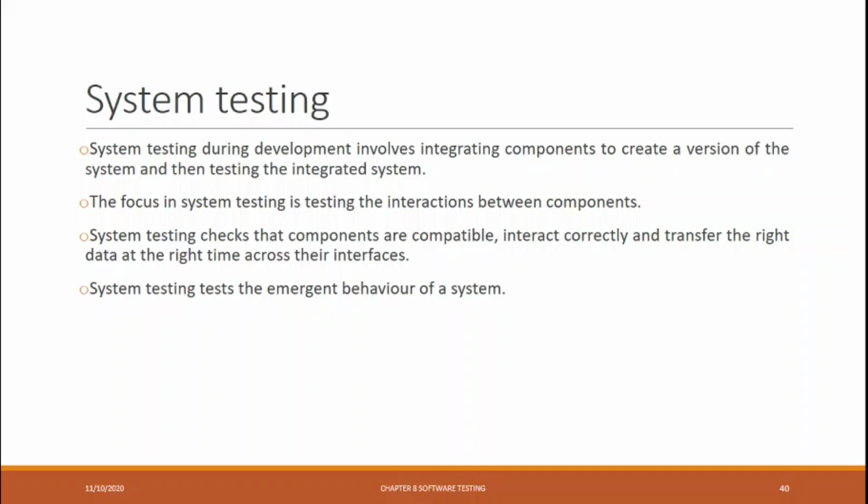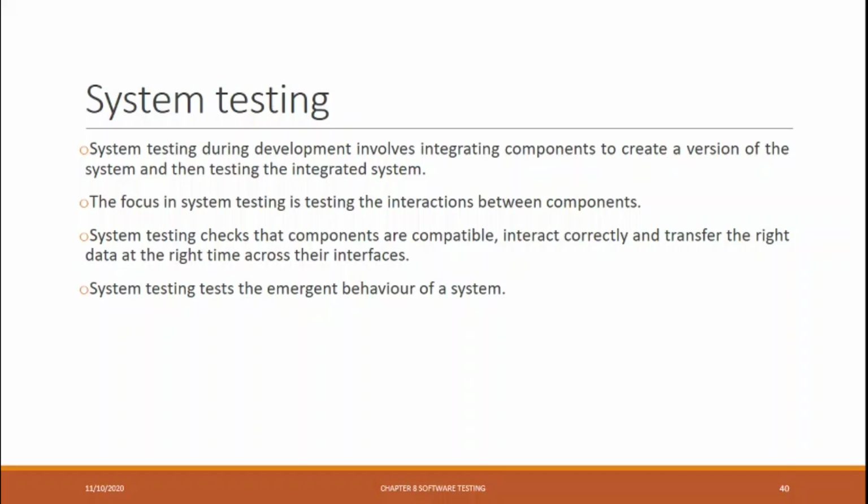In system testing, development involves integrating components to create a version of the system and then testing the integrated system. So you have a number of versions. By adding or changing components, the version number keeps on changing.